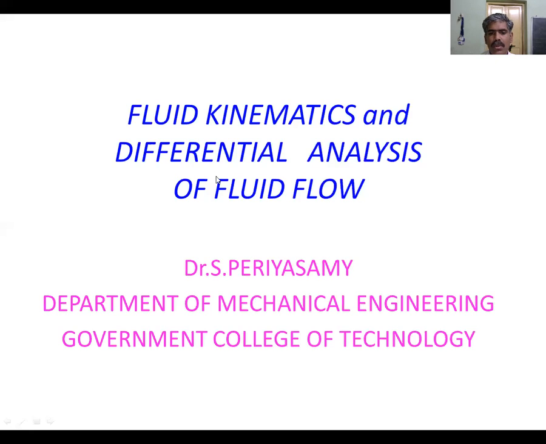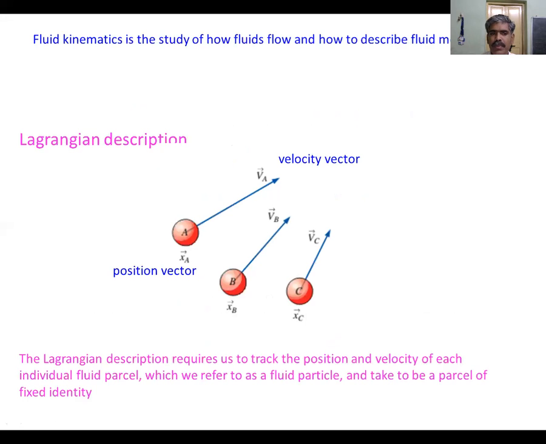Next I will go to fluid kinematics and differential analysis of fluid flow. Here the representation of fluid particles or the fluid domain is in differential or algebraic form. Fluid kinematics is the study of how fluid flows and how to describe fluid motions.